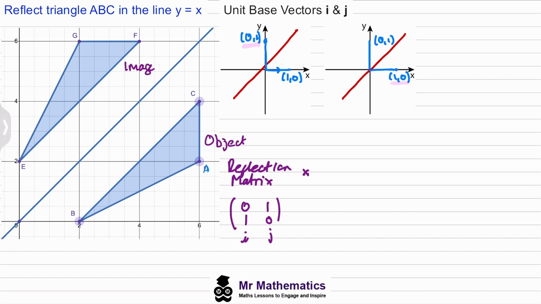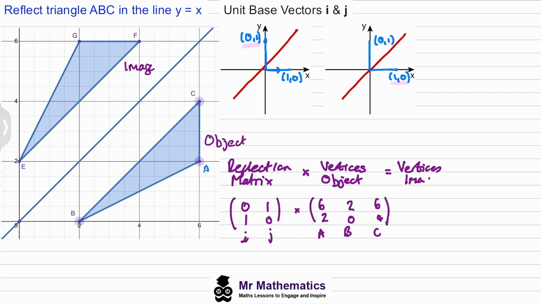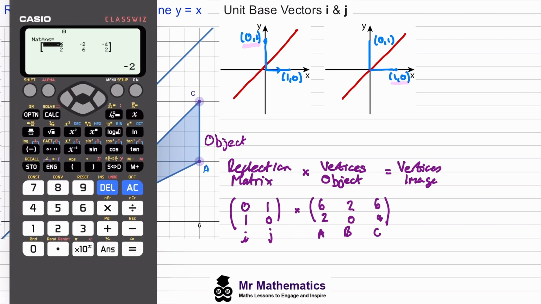Then we'll multiply this by the vertices of the object, which are for A, 6 and 2, for B, 2 and 0, and for C, 6 and 4. And this product will give us the vertices of the image. And again, I'll perform this using a calculator. So we'll go back to our calculators. We'll choose option.